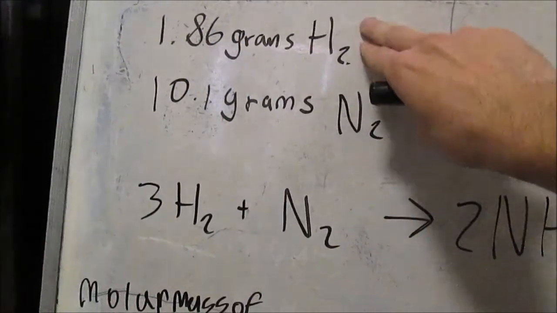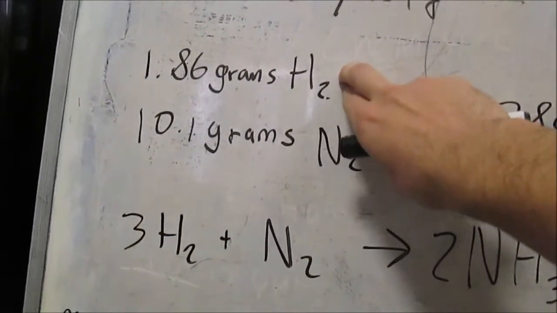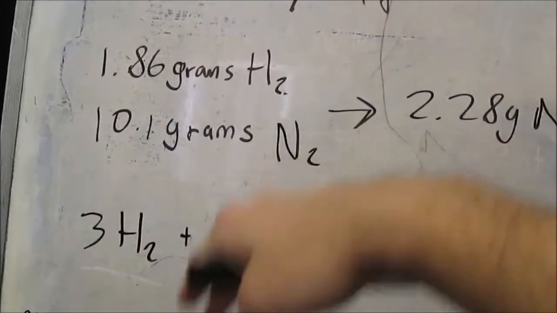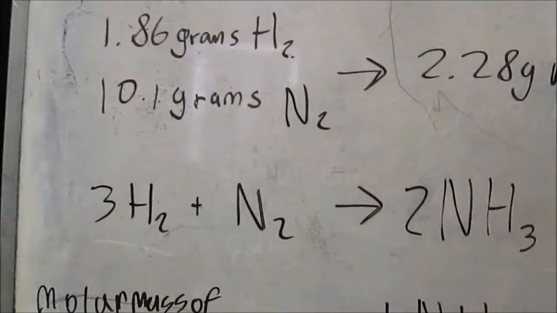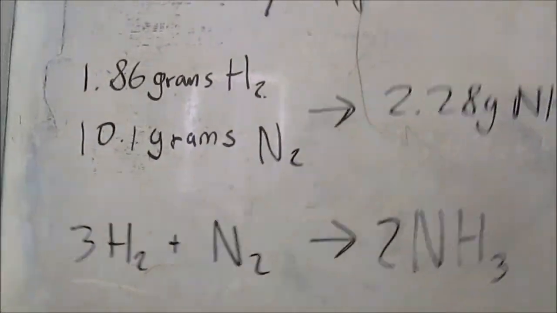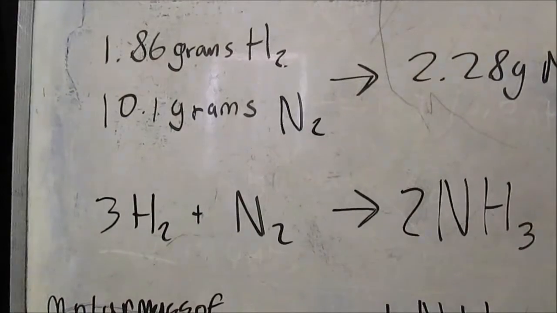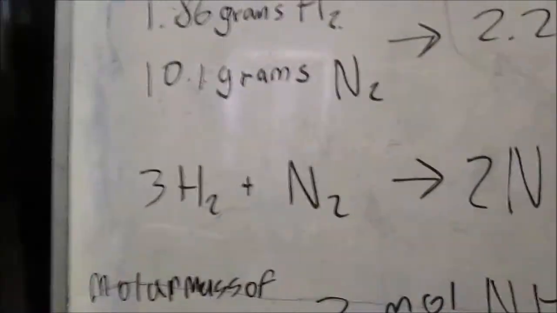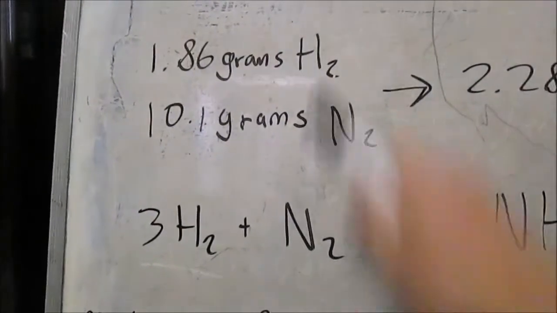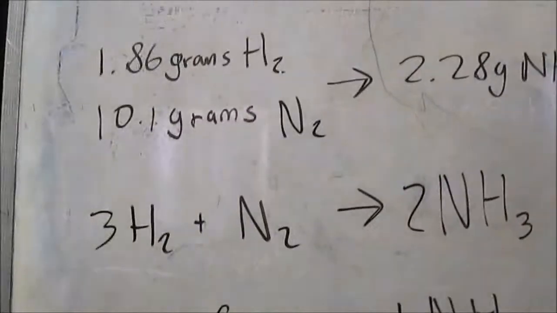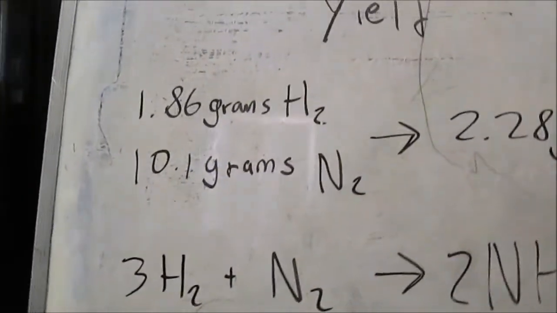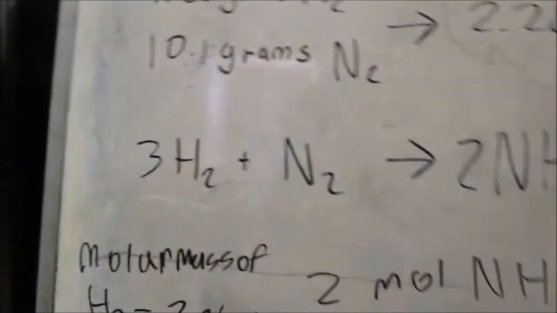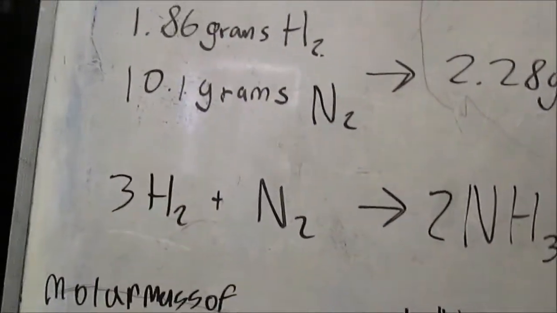How much ammonia can you make given 1.86 grams of hydrogen, assuming you will have all the nitrogen you're going to need? So first, we need to find out how many moles of hydrogen we have. So 1.86 grams of hydrogen, the molecule of hydrogen, is roughly the same as saying 1.86 divided by 2. And why is this?